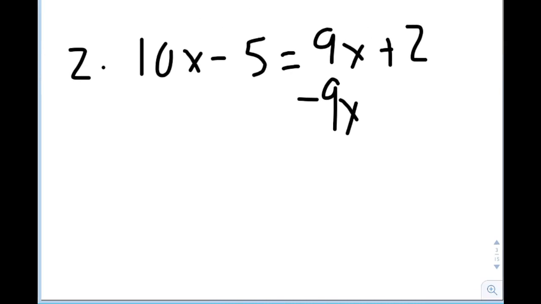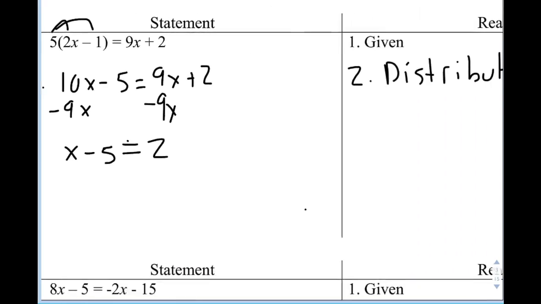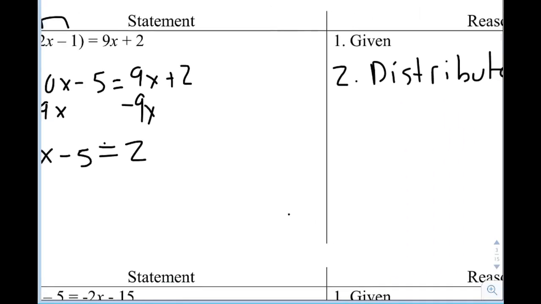Subtracting 9x over here. Now we write statement 3 as the result. So 10x minus 9x is just 1x minus 5 equals, over here the 9x, subtract 9x went away, just left with 2. So I'll go over to my reasons, statement 3, subtraction. That's how we got there.